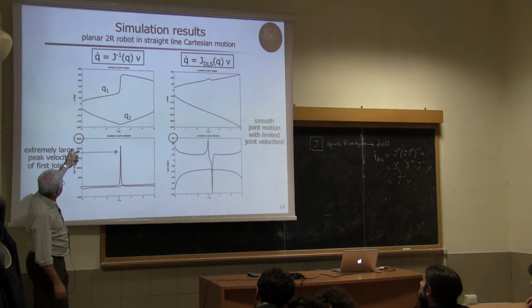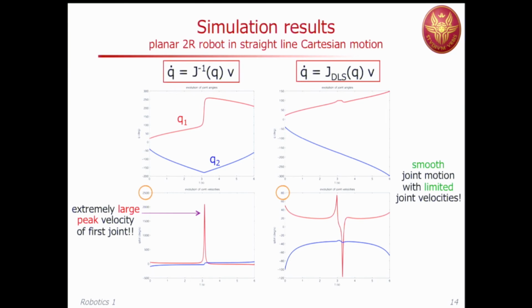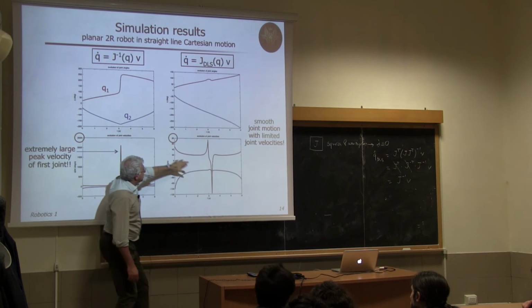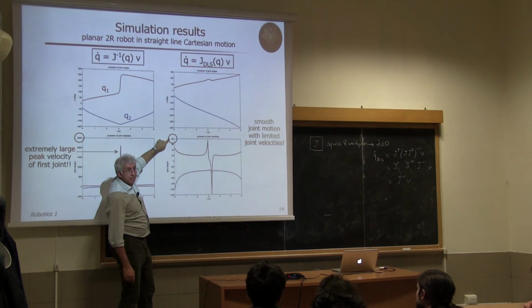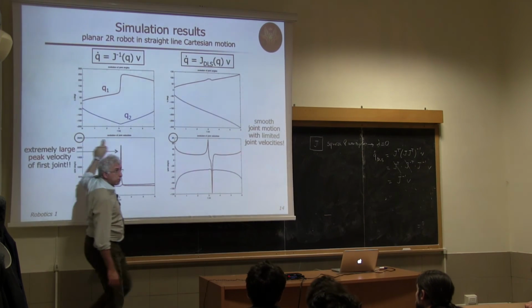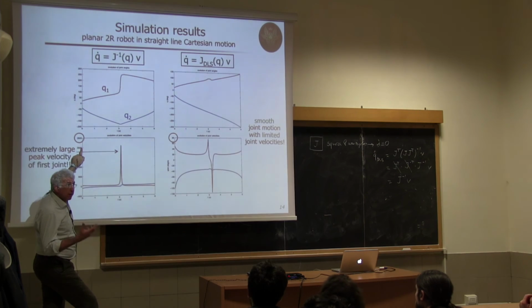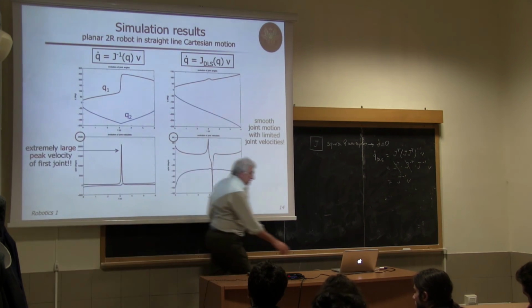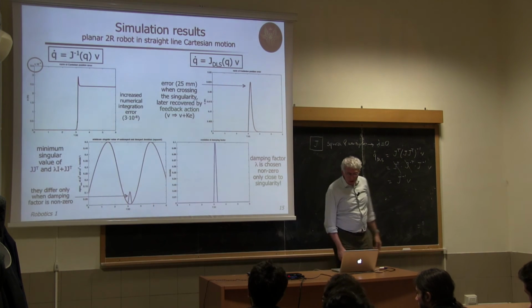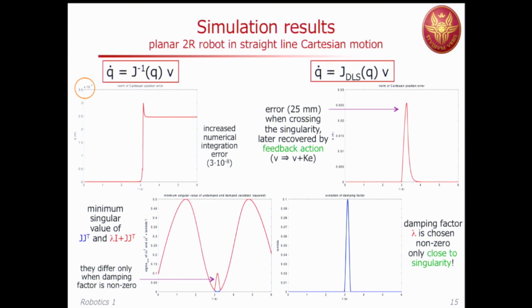So clearly, if I can only realize 300 degrees per second, then I will certainly have an error at the Cartesian level. Here it's jerky, but still the maximum value is 80 degrees per second. 80 as opposed to 2,000. So you see what a huge difference. But of course, there will be some error.